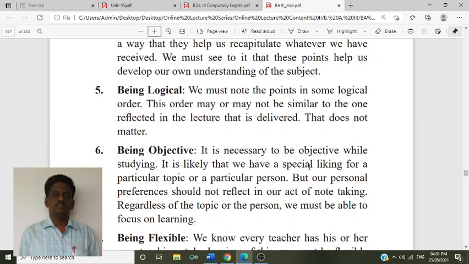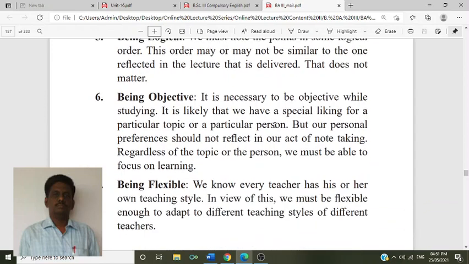Otherwise, if we write it down irrelevantly or without any logic, afterwards it becomes very difficult for us to interpret the notes and understand the matter that we are supposed to memorize at the time of examination or at the time of interview.